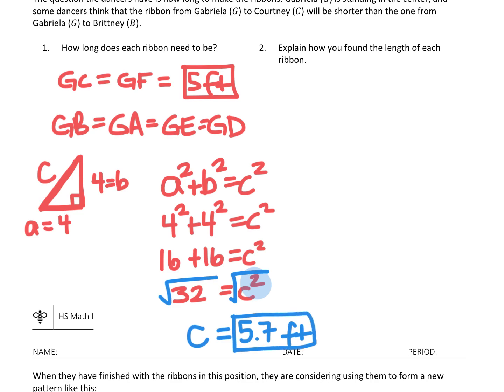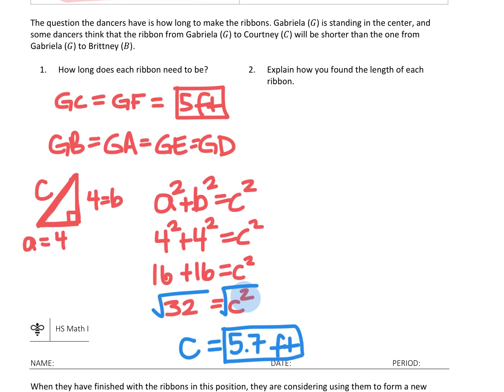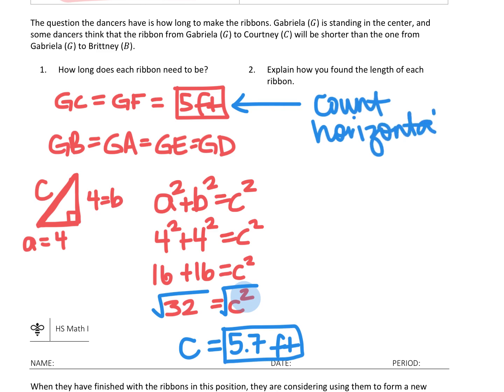All right, so let's explain a little bit how we found the length of each ribbon. So from Gabriella to Courtney, and then also Gabriella to F, all we did was count the horizontal boxes. So that was pretty easy.